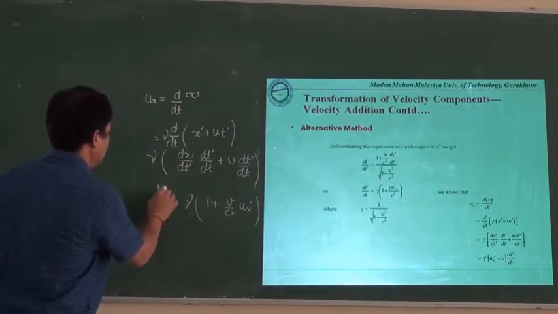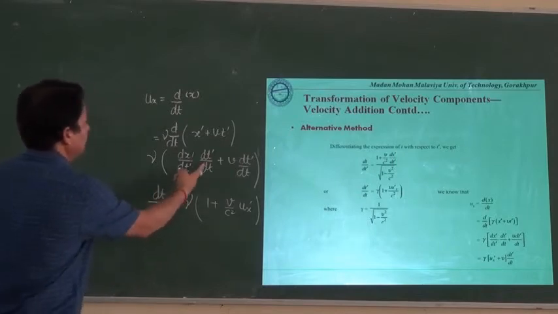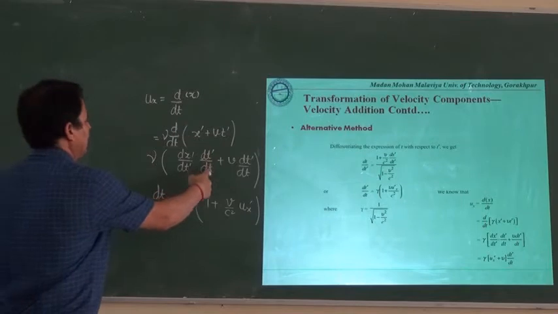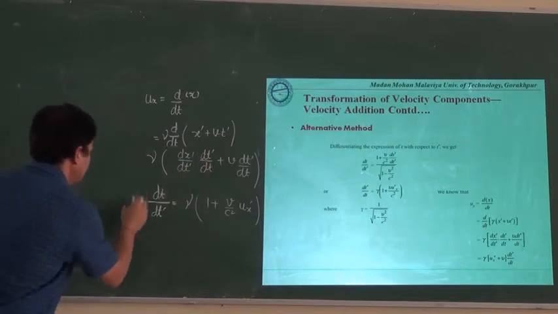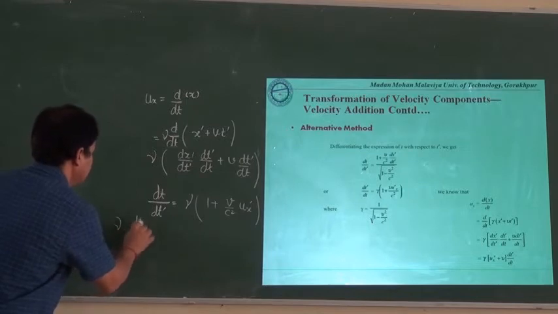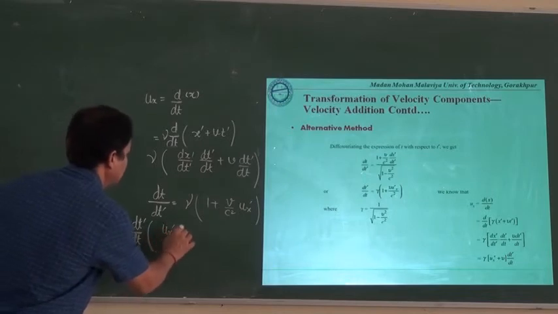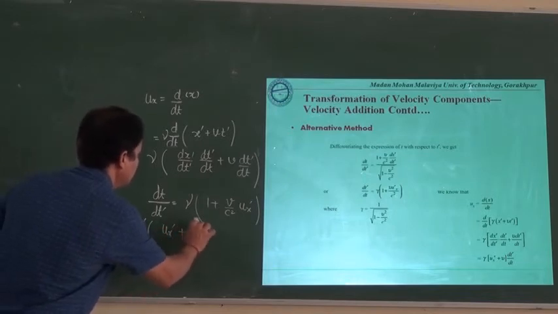That's why I am not writing it as dt dash. Here let us take dt dash upon dt as common, then gamma times dt dash upon dt, and within the bracket we'll have ux dash plus v.